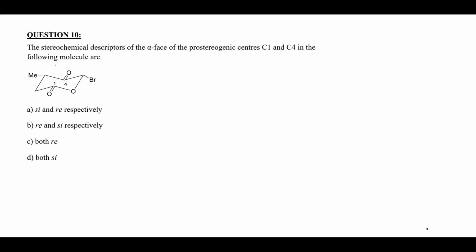The next question is the stereochemical description of the alpha face of the prostereogenic centers C1 and C4. The alpha and beta faces we know, right? If you have a structure, the upward directing groups are called beta and the downward directing groups are called alpha.